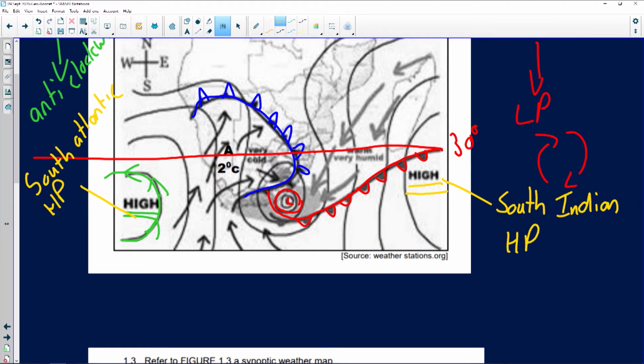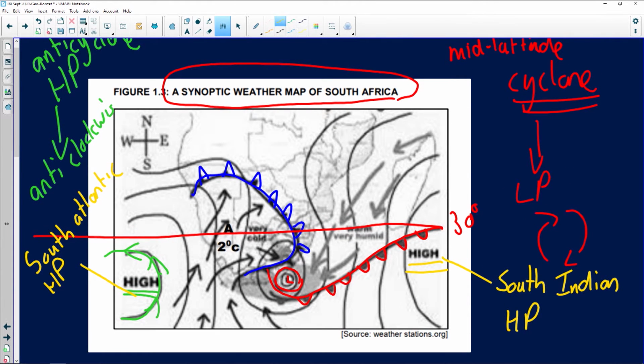So, we have our South Atlantic high pressure situated over there, and our South Indian high pressure situated over there. Over the interior, in winter, we have the Kalahari high pressure system. But what we want to concentrate on is mid-latitude cyclones.